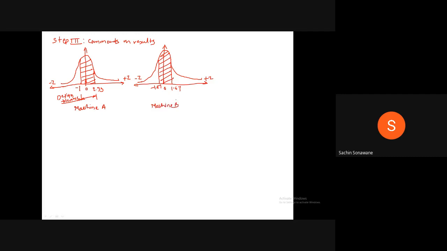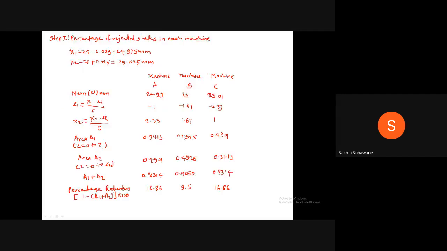Now I will draw the graph for machine C. Again, Z1 is equal to -2.33 for machine C, Z2 is equal to 1.